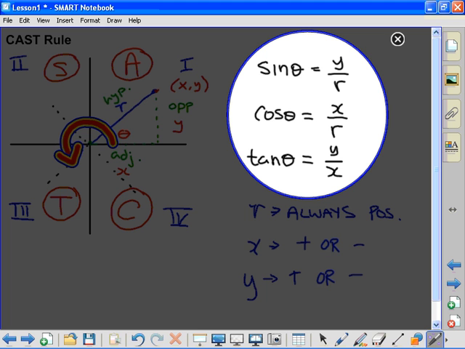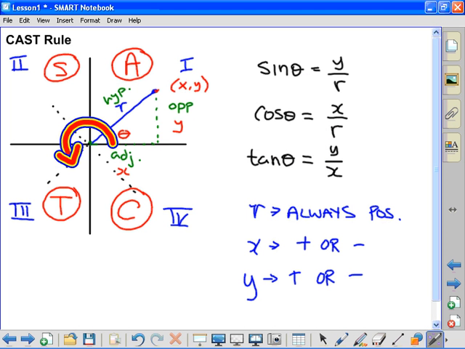And instead of having opposite over adjacent, adjacent over hypotenuse, opposite over hypotenuse, and so on, we change it to our coordinates. So y is the y coordinate, x is your x coordinate, and r is the hypotenuse, which never changes, and it's always positive.